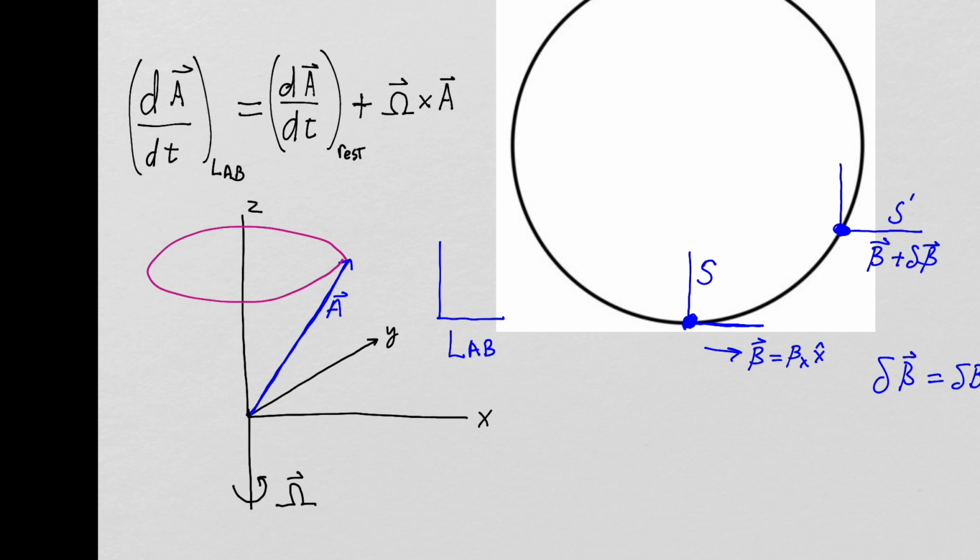The precession in the lab is the precession in the rest frame, but if the rest frame has its own motion, you have to add this piece to it, right? So we have to know what this is in order to get the precession in the lab. So looking at this boosting process from the perspective of the lab gives us some kind of new extra rotation, this Thomas rotation, but looking at it from the electron does not.